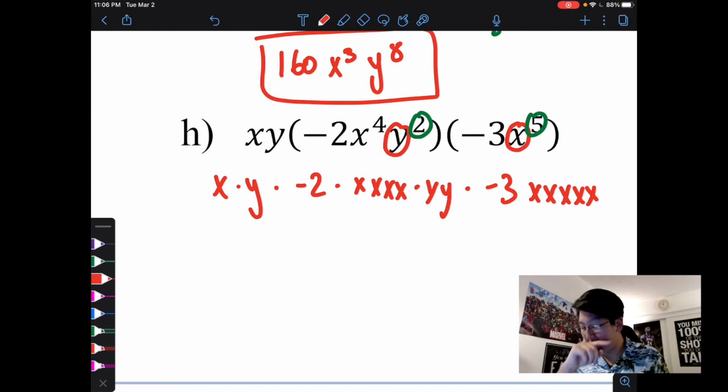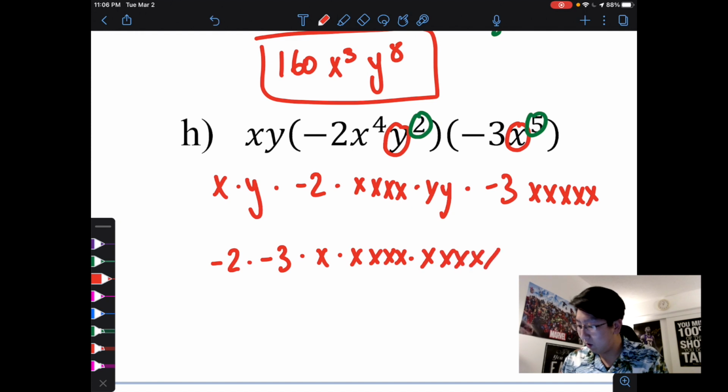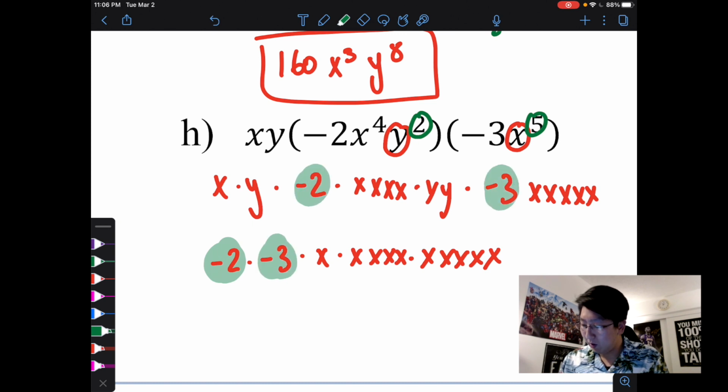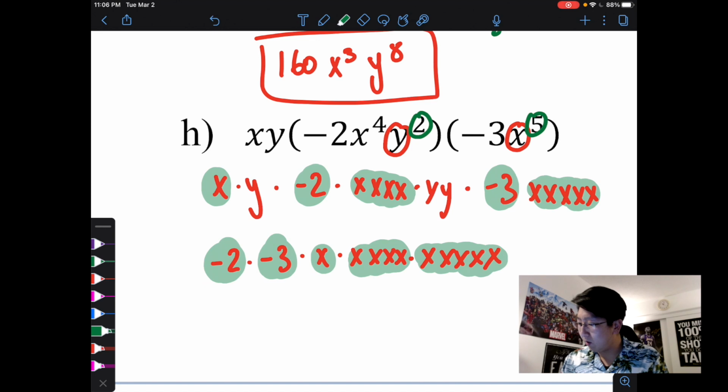Next thing I need to do is reorder or reorganize. So I'm going to put the numbers first. -2 times -3. And then x's. And you can see, I'm going to highlight -2, -3, x, 1, 2, 3, 4, 1, 2, 3, 4, 1, 2, 3, 4, 5, 1, 2, 3, 4, 5.